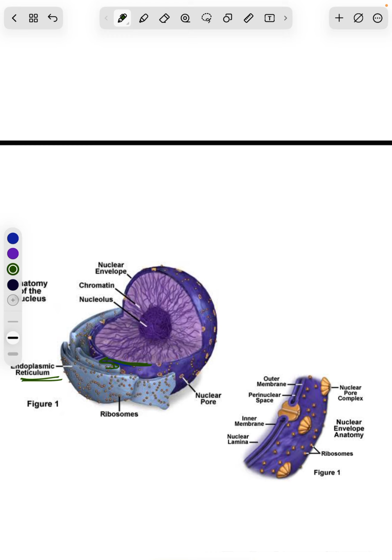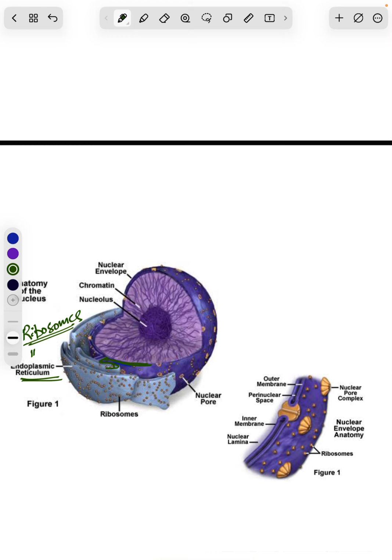Next, the outer membrane is studded with ribosomes, meaning protein synthesis. Because it has ER, it has ribosomes on it, which are sites for protein synthesis. Next, the perinuclear space, which is 20 to 40 nanometer, is continuous with the cisternae of the ER.